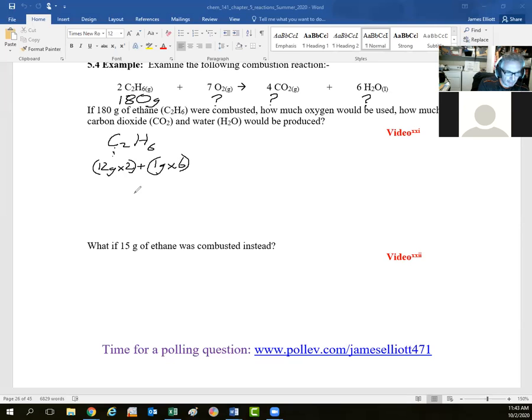So 1 mole of ethane comes to 30 grams. Now we've got 180 grams in total, divided by that mass of 1 mole, 30. So the number of moles is 6.